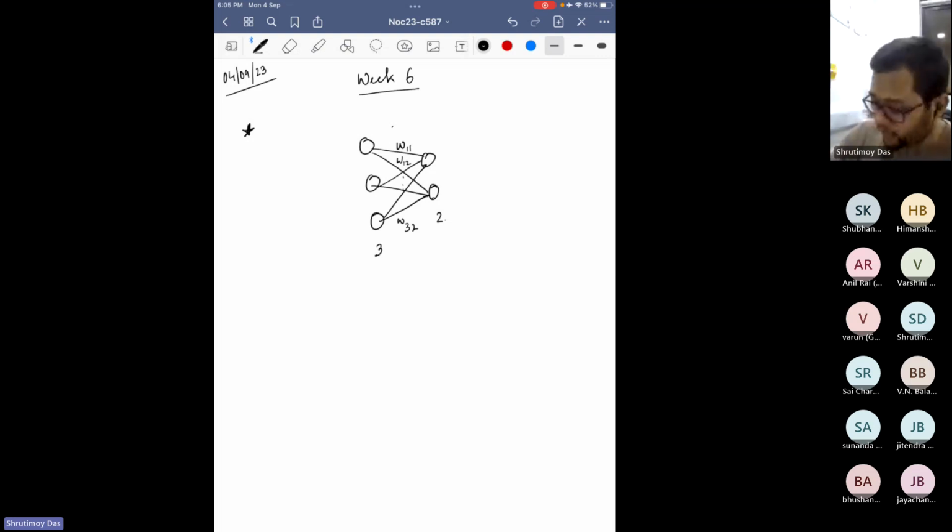Suppose this layer has m neurons and this has n neurons. Then these weights can be represented by a matrix of dimension n by m. So for this simple case, we have nm parameters.